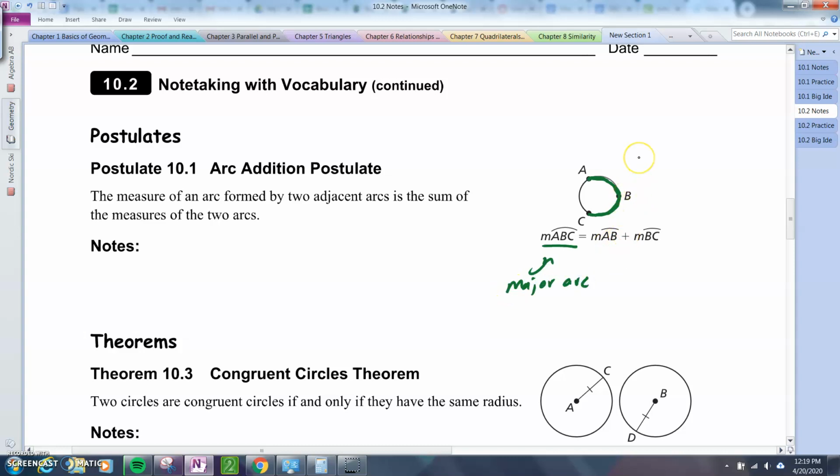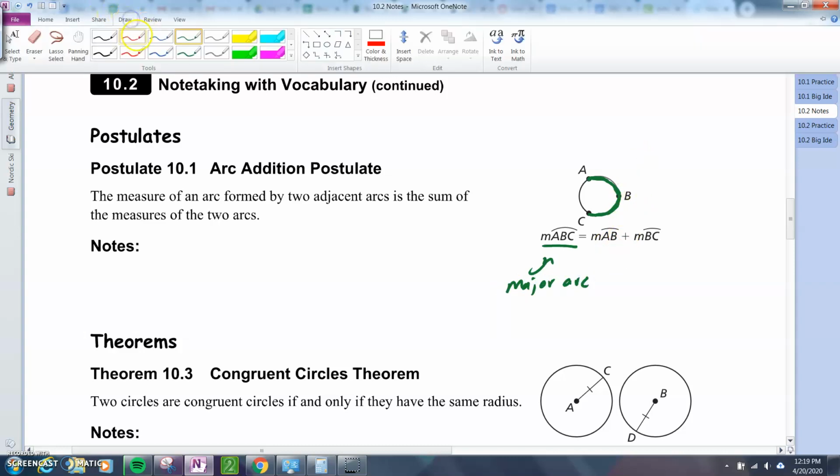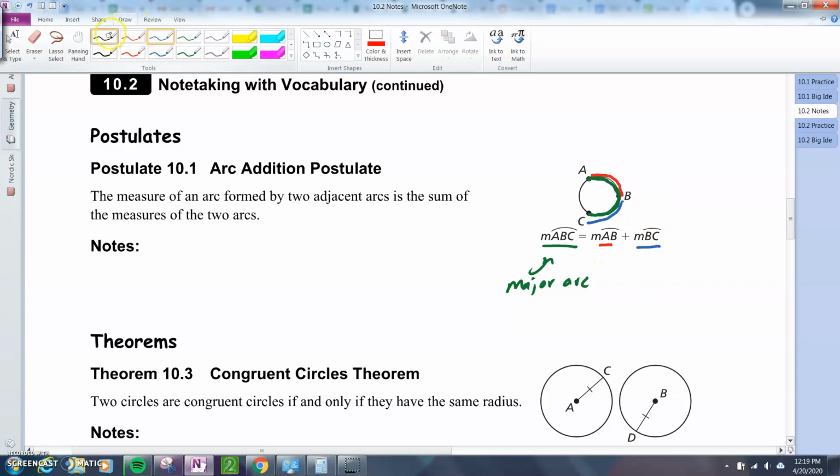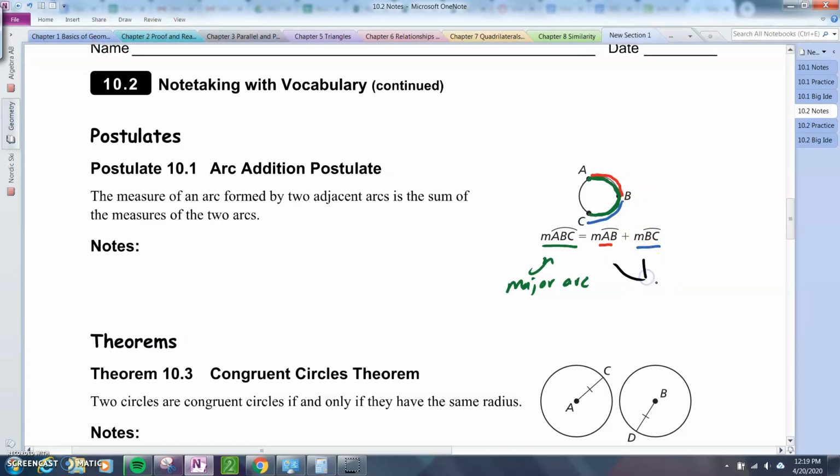Well, it equals the two minor arcs added up. So it equals arc AB, which is here, plus arc BC. And these are the two minor arcs.